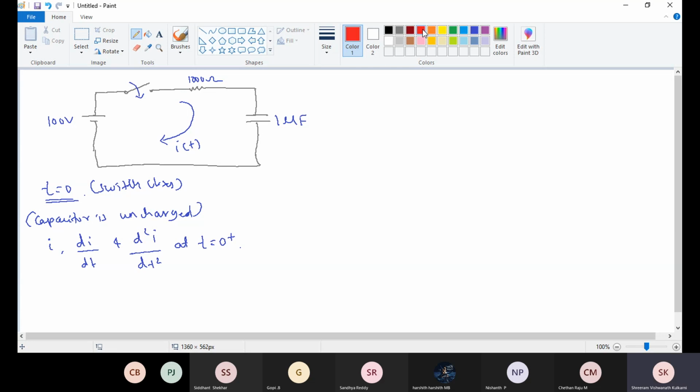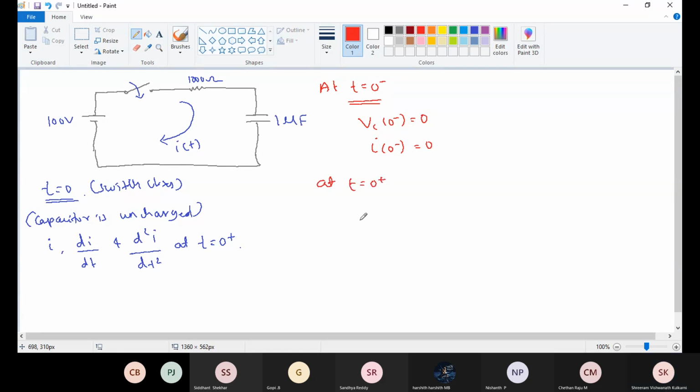Since the capacitor is uncharged, initial conditions at 0 minus are 0. That is, voltage across the capacitor at 0 minus is 0, and the current flowing through the capacitor at 0 minus is 0.